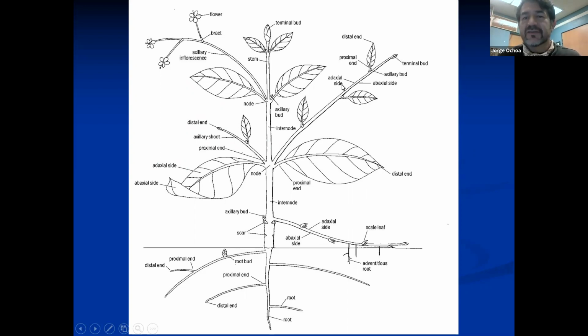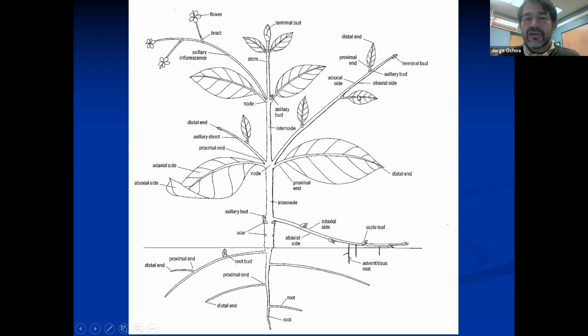The side branch is going to be almost a mirror of the central stem, where you're going to have a terminal bud, and as that grows and gives length to this branch, it's also going to have a node with another lateral bud and a leaf, and it's going to continue repeating another node with a lateral bud and a leaf.